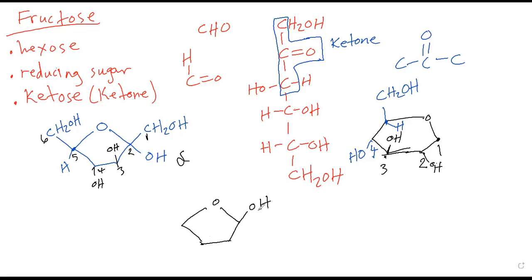When the OH is pointing upwards, then it is going to be beta. So this is the beta form of fructose.